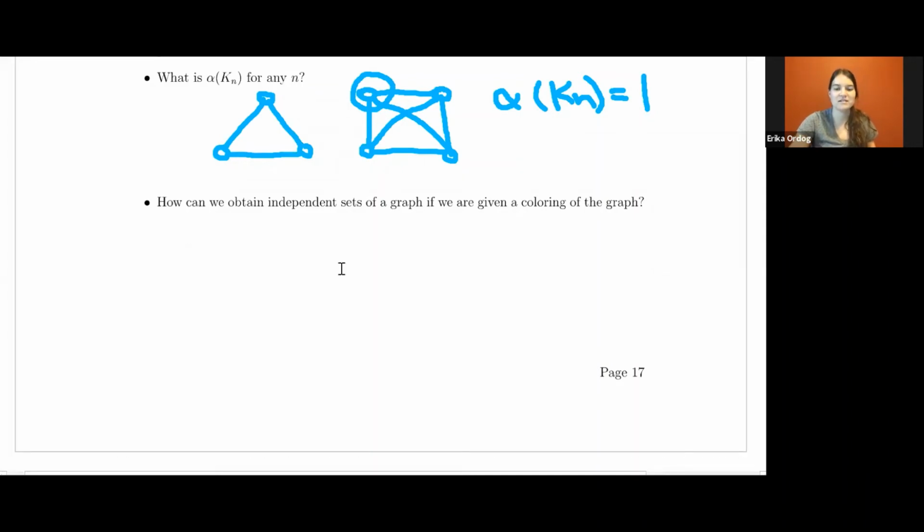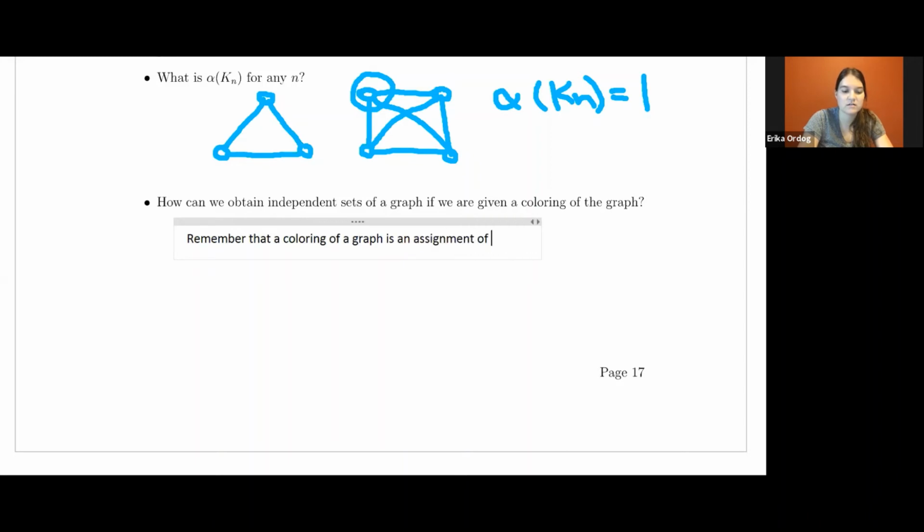Okay, welcome back. So let's think about what a coloring of the graph is. Remember that a coloring of the graph is an assignment of colors to the vertices such that no two adjacent vertices are the same color.